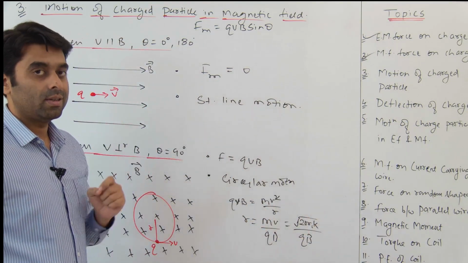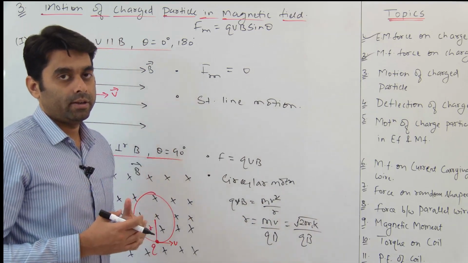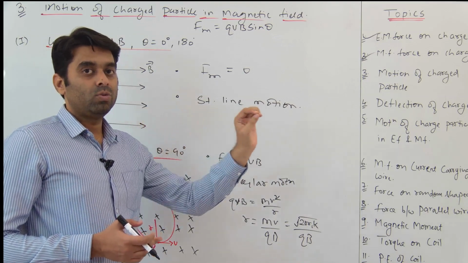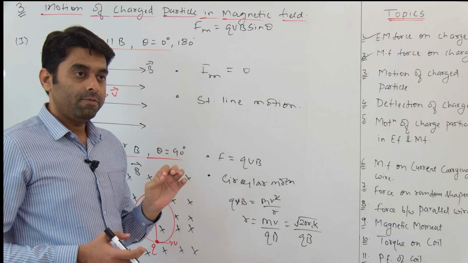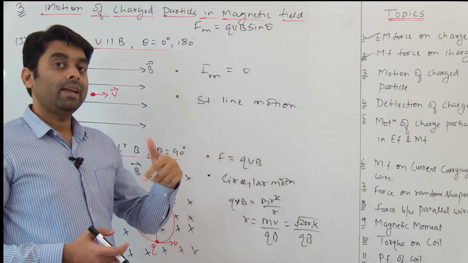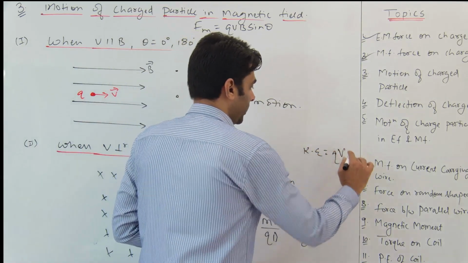Also, one more result we can keep in mind, because in many questions this point comes: suppose a charged particle is accelerated through a potential difference of V. Then it acquires the kinetic energy of qV.